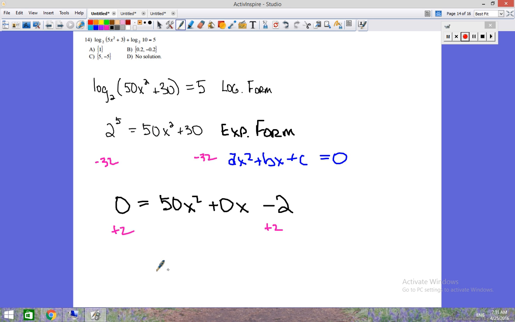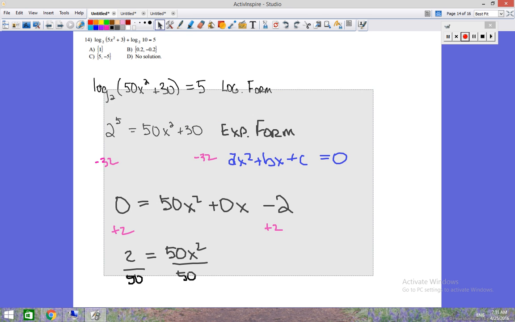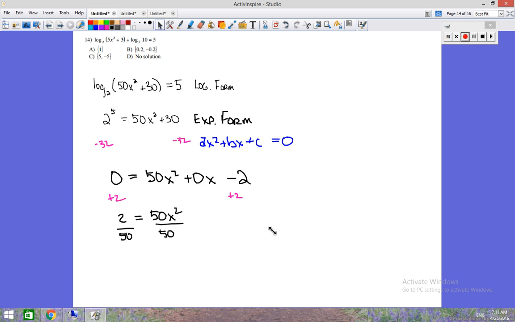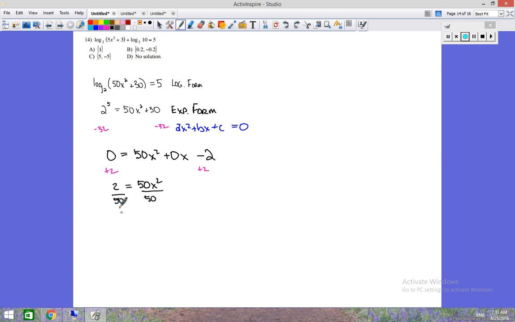And I get that 2 is equal to 50x squared. Let's divide both sides by 50. So 2 divided by 50 reduces to 1 over 25. 50 divided by 50 is 1.